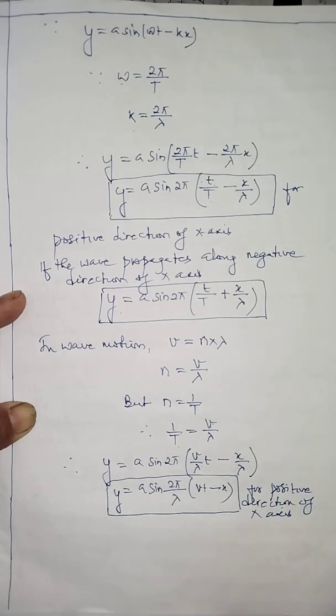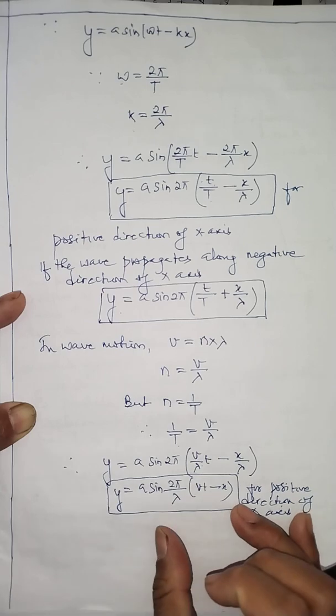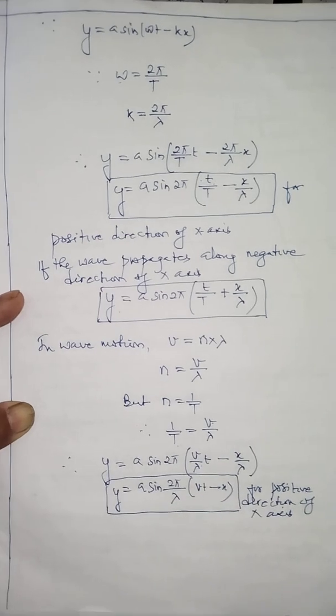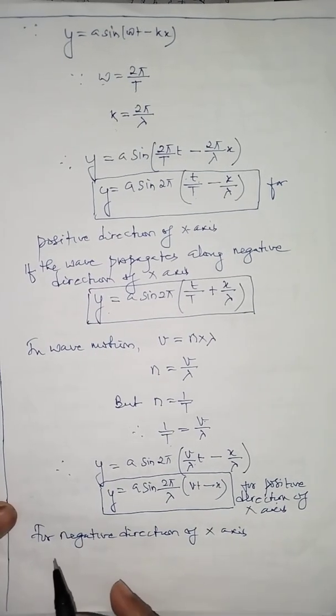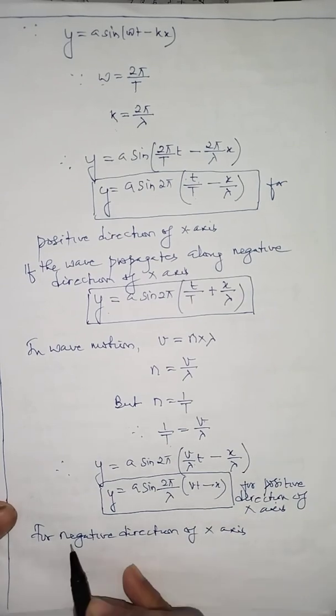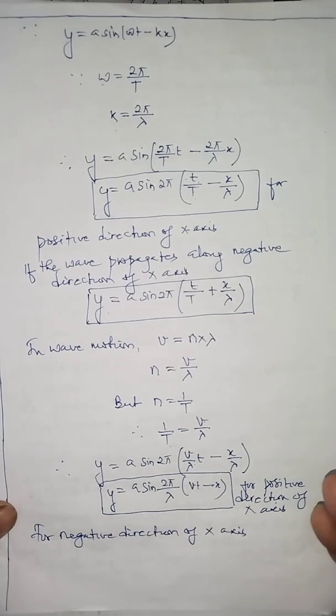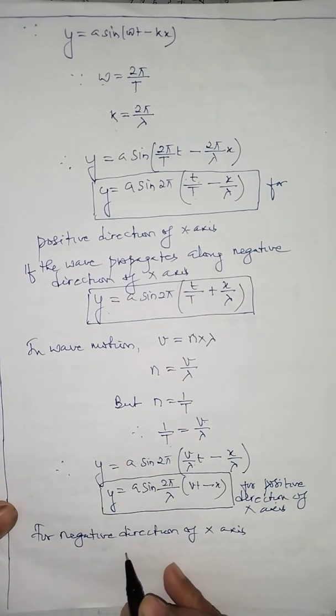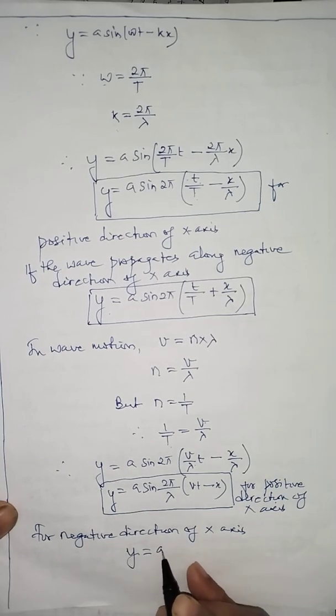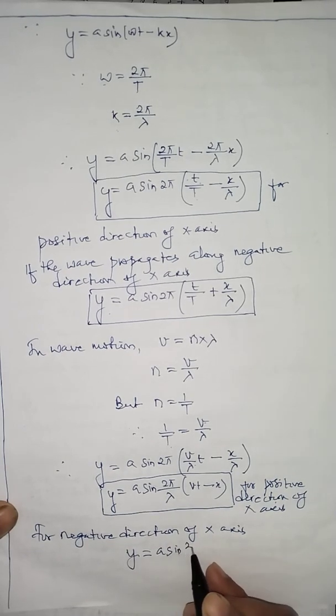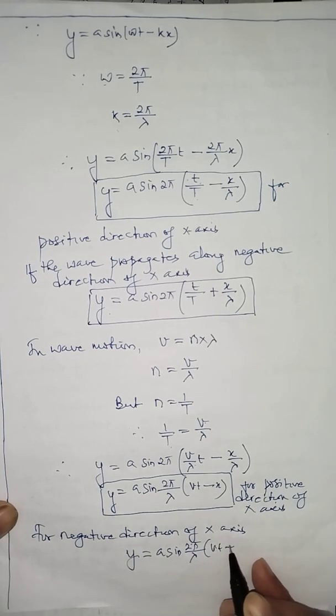Now if the wave propagates along the negative direction of the x-axis, we write the same relation but with a plus sign. So y equals a sine 2 pi by lambda bracket vt plus x.